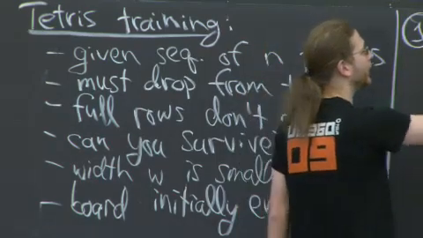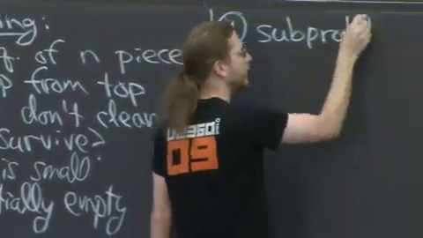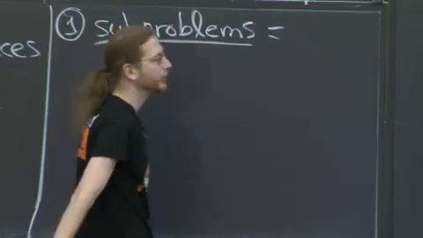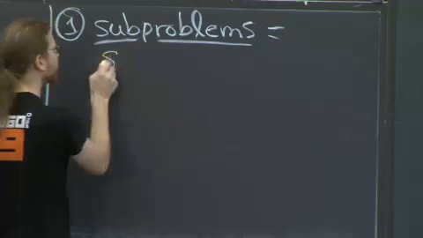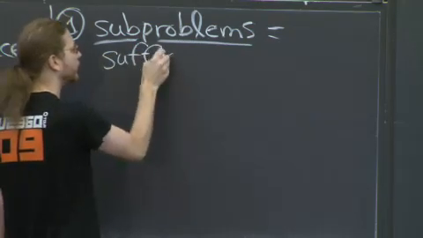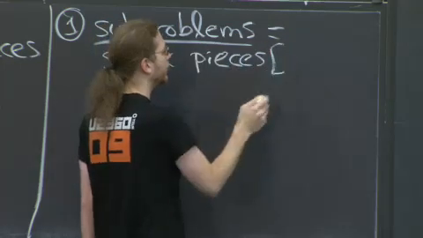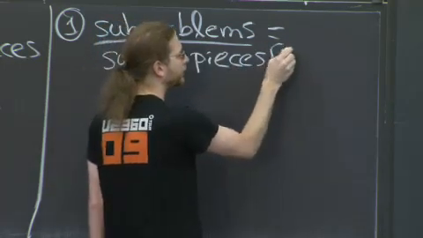So how do we do it? We define subproblems. Just like before, the obvious thing to try is suffixes. How do we play suffix of pieces I onwards?